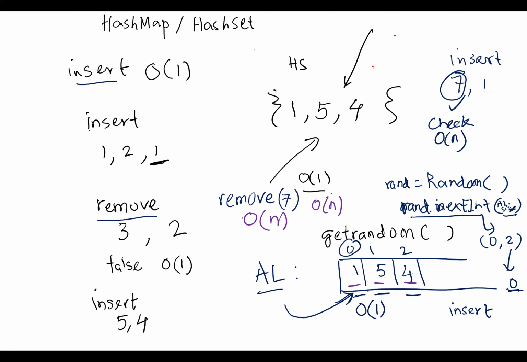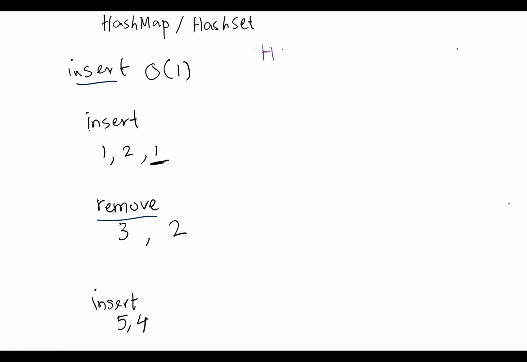Okay, so you see that the getRandom problem gets solved in array list because it has random access. In array list, we can just jump to any index. We know the size, we can randomly generate an index, but the insert and remove cannot be done in order of one time. So let's do this. Why don't we just combine the two? The best thing here is if we can have a hash map.